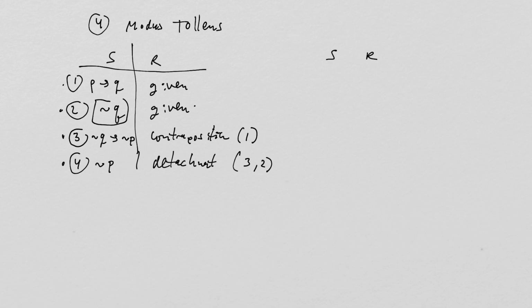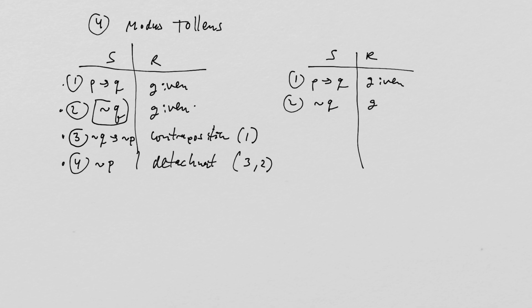But here comes the cool thing. If I start this question over, modus tollens says that if you ever see a conditional like P implies Q, and the negation of the thing on the right, the conclusion, is given as true, like it was here, you could jump straight to the conclusion that the negation of the hypothesis, not P, is true also.